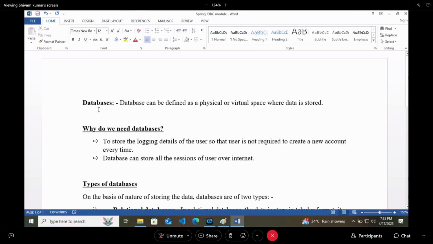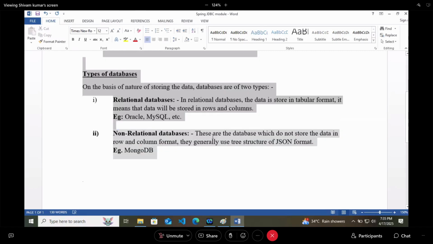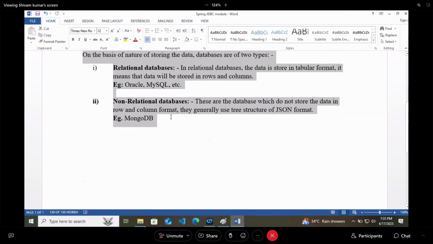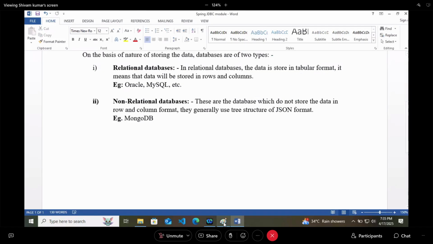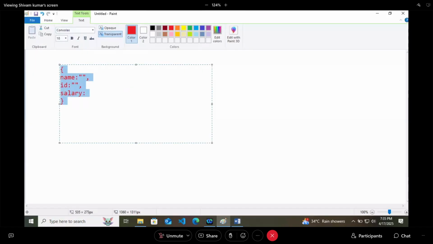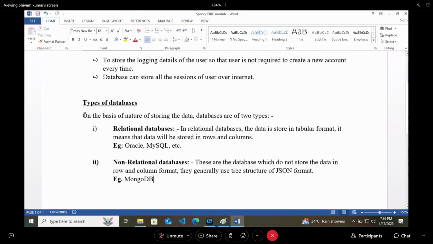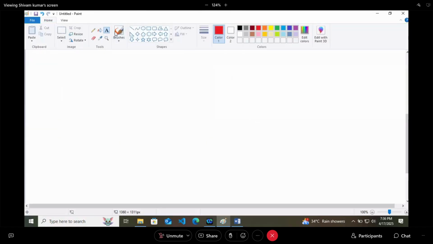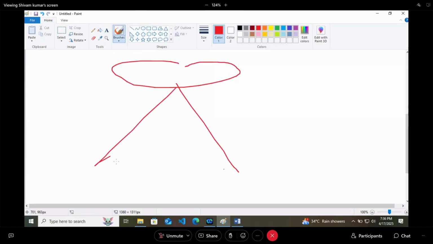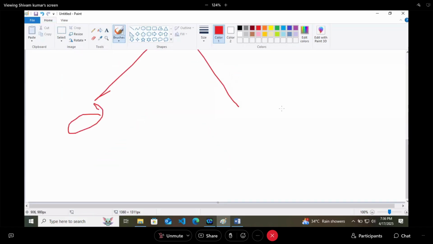So this is about databases. I have written hierarchical database here on the basis of the nature of storing the data, how they are storing. In that way, this non-relational database generally creates a tree structure of hierarchy.